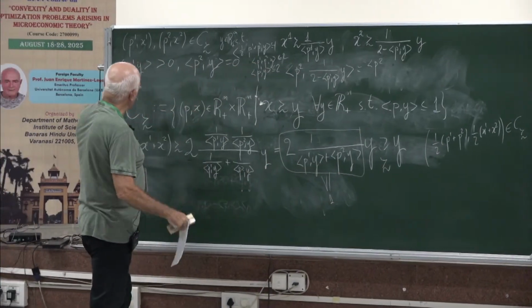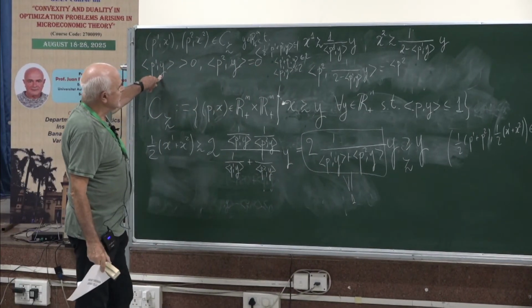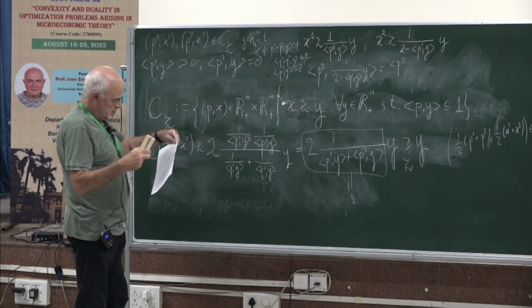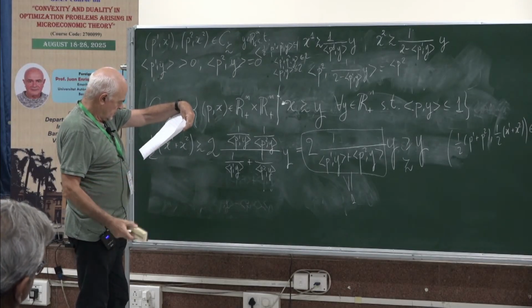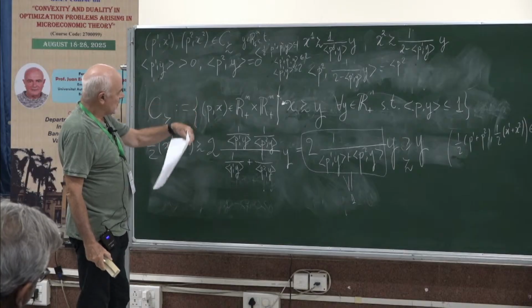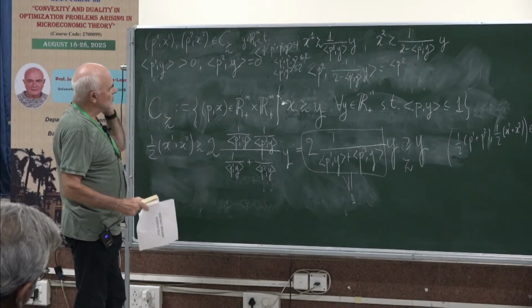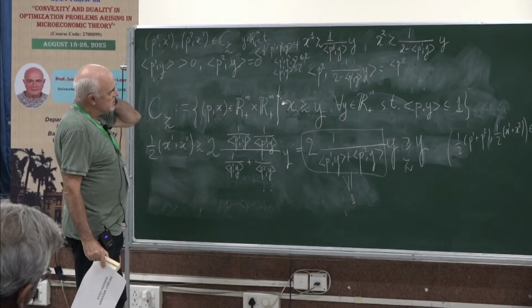Otherwise, this should work only for strictly positive prices. This is what I wrote yesterday, but now I noticed that there is this flaw. Should we try to repair it now?